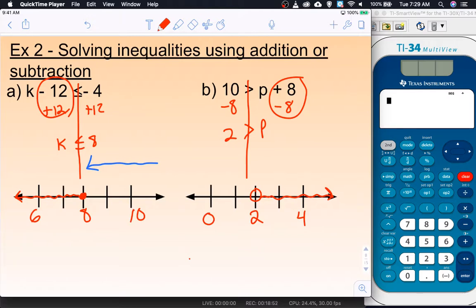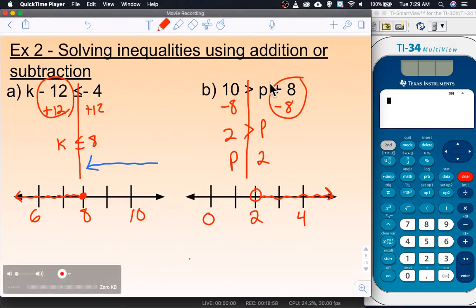We want it on the left-hand side. So I'm going to take the whole problem and flip it from this step. I could have flipped it from the beginning, but I'm going to do it from here. So I put the p on the left, the 2 on the right, but I also need to flip the direction of this inequality. Right now, it looks like it's opening and it's going to eat the 2. So when I flip it, it still needs to open like it's going to eat the 2.